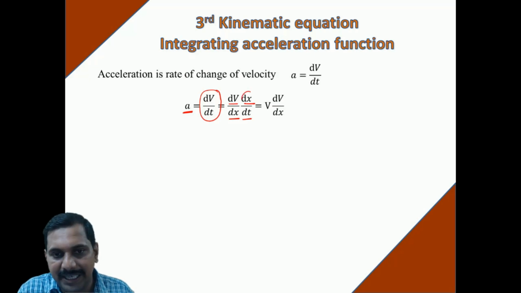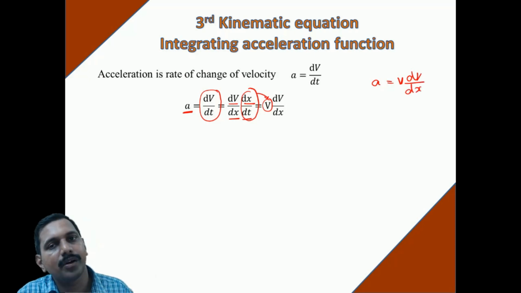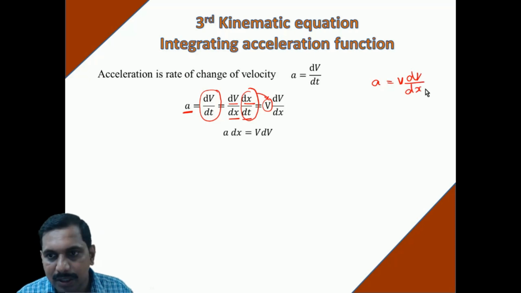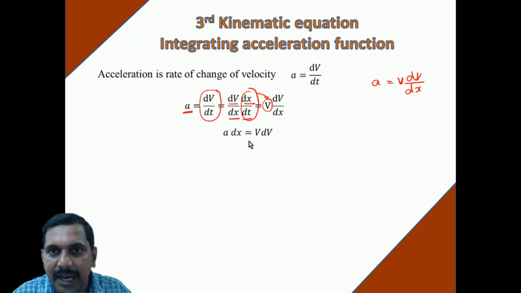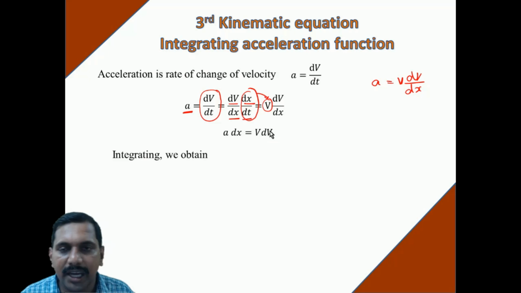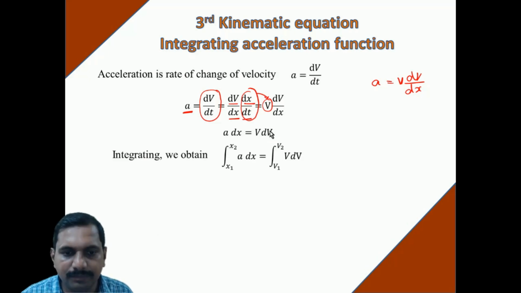But dx by dt is nothing but velocity. So we can write acceleration as v into dv by dx. Now what did we do here? We took dx over this side. So a dx is equal to v dv. Integrating, we can obtain like this.